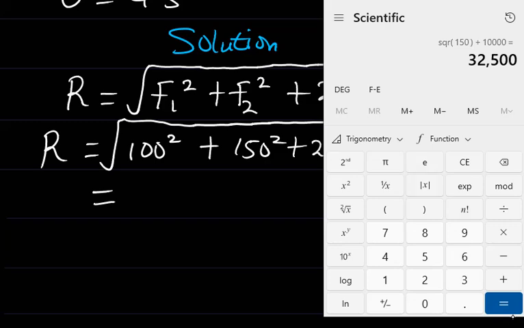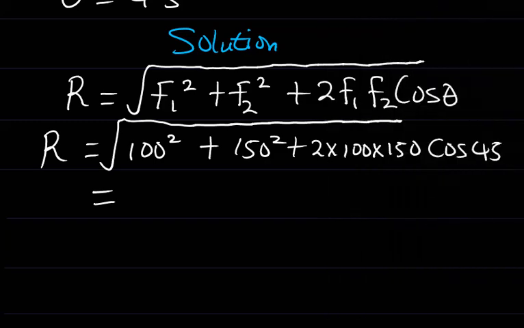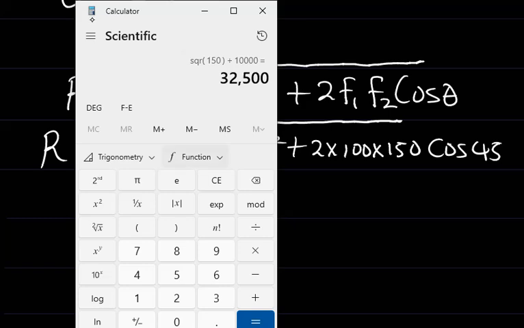That's 32500. Now, plus 2 times 100 times 150, then multiply by cos 45.